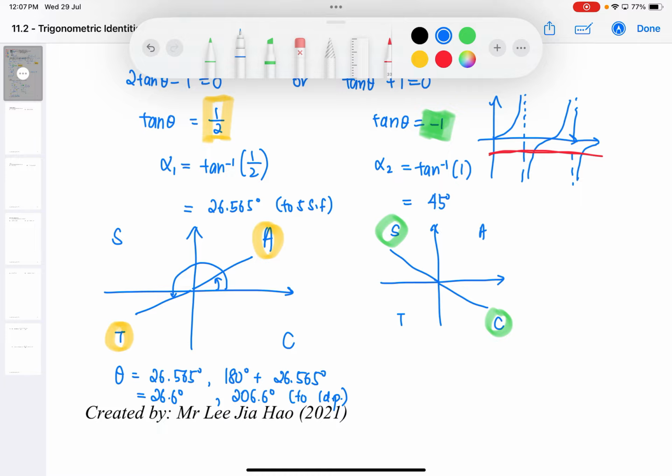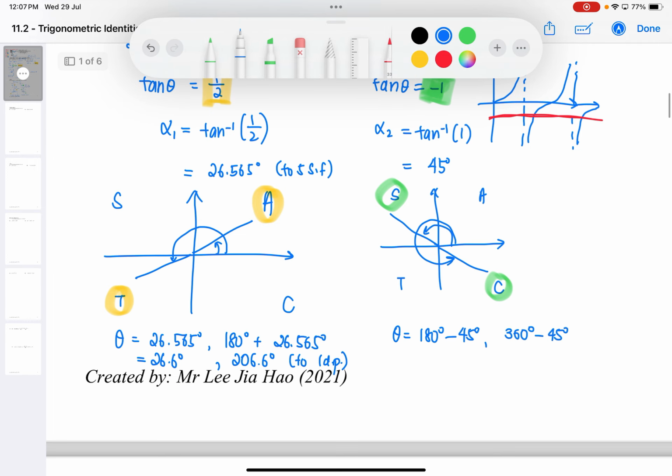So second quadrant will be this one. And then the fourth quadrant will be this one. Okay, so in the second quadrant, that will be 180 minus 45. And then in the last quadrant, 360 minus 45. Okay?